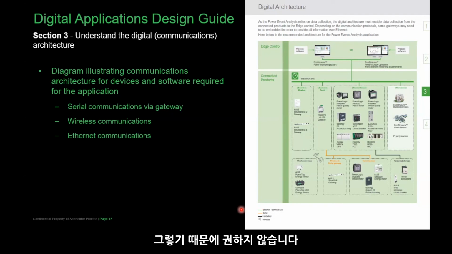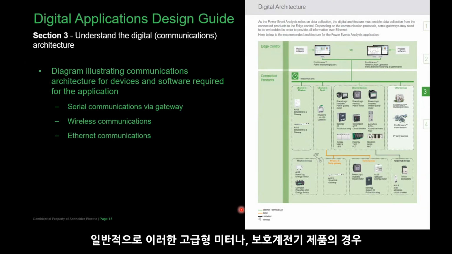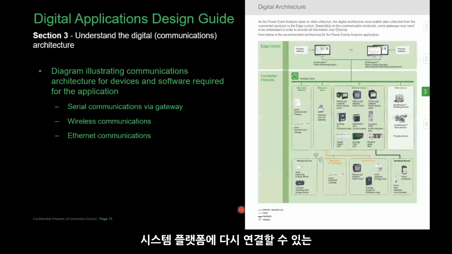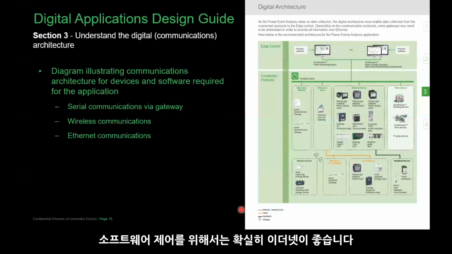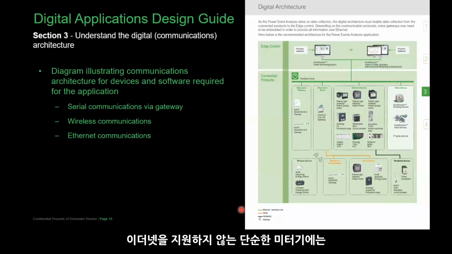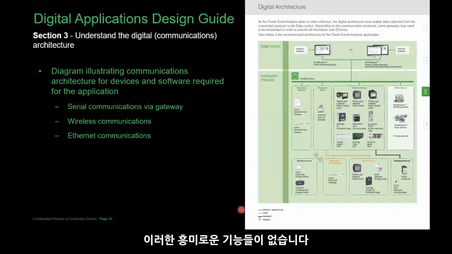All right, so it's not advisable. So normally, when you come into these advanced metering or protection offers, where they have a built-in Ethernet port, the way to connect back to the system platform, the edge control software, is certainly Ethernet. All right, so simple meters without Ethernet means that they don't have these waveform capabilities. It's purely register-based data. Then you can use serial communication.